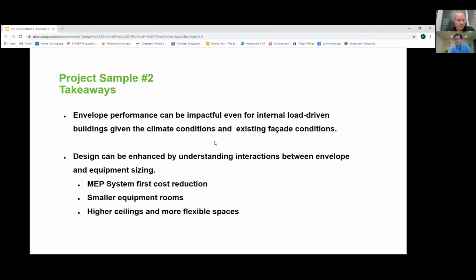But I did want to just emphasize one of the surprising things about this Michigan project, or maybe not so surprising, when you look at the amount of glazing. It actually wasn't that significant to add insulation to the opaque wall systems. What was most important was to fix the windows.